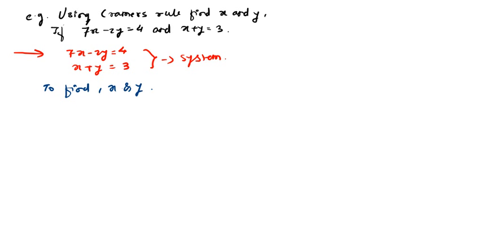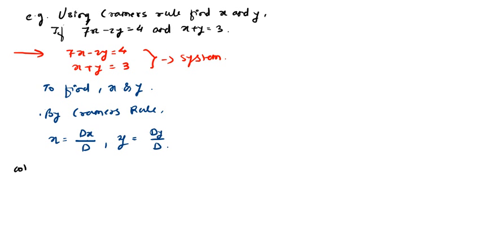By Cramer's rule, x will be Dx upon capital D and y will be Dy upon capital D, where capital D is the determinant of the coefficients of x and y.